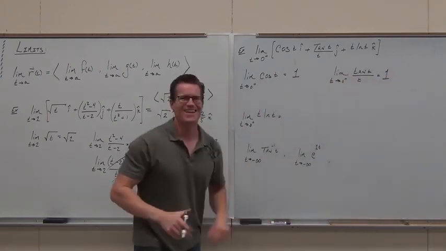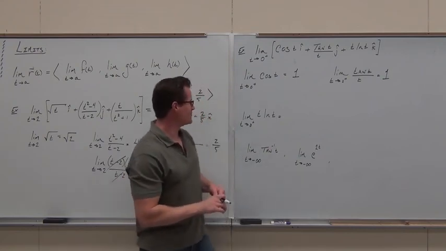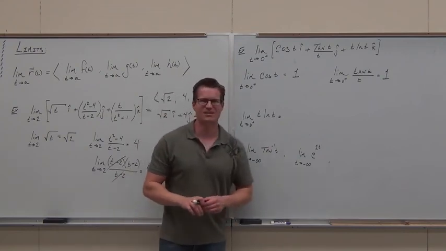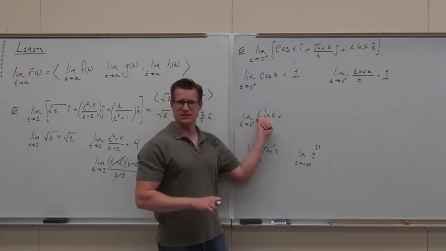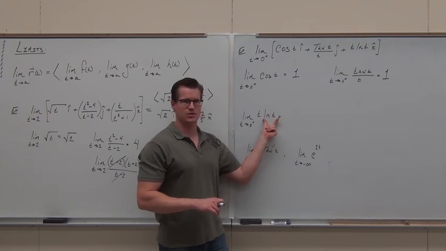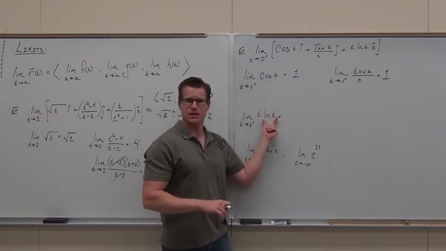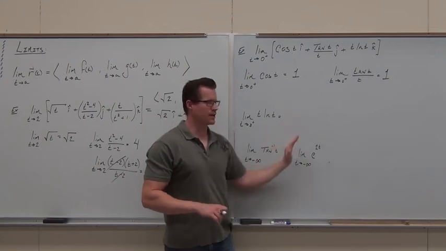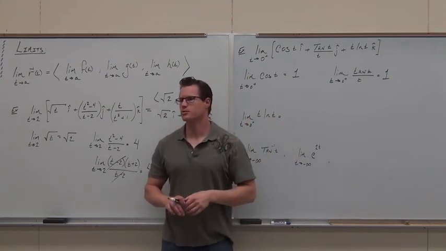Now this one, that's a nasty piece of fun right there. How much is that when t approaches 0? 0. How much is this as t approaches 0 from the right? The only reason why we have from the right here. What is it? Negative infinity. Remember the ln. So 0 times infinity, that's called an indeterminate form.